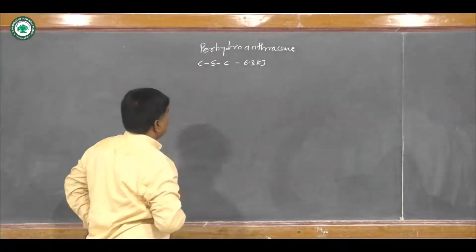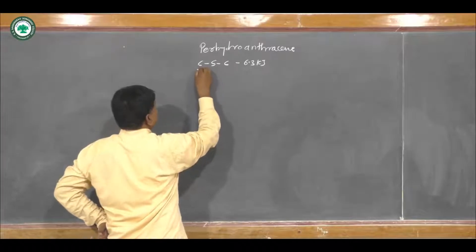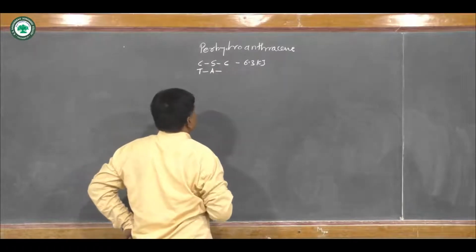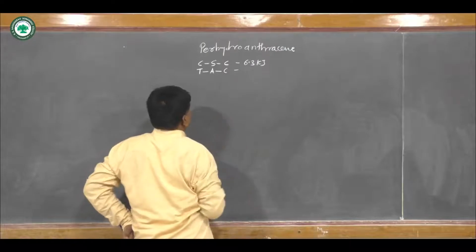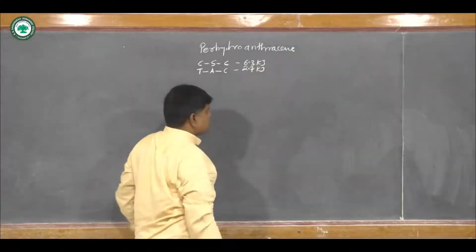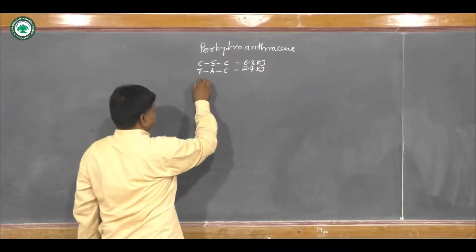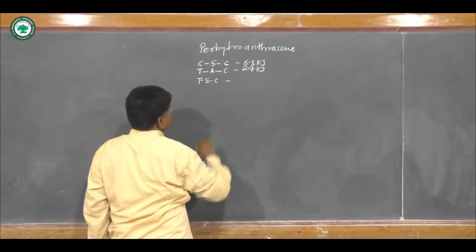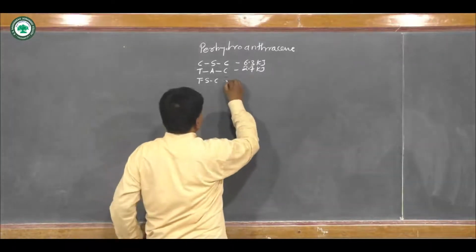Second, we have trans anti cis, which has near about 2.7 kilojoules. Then the next one is trans syn cis.